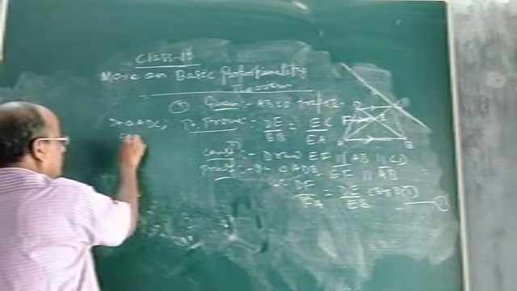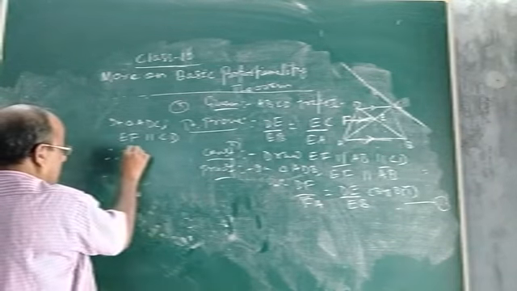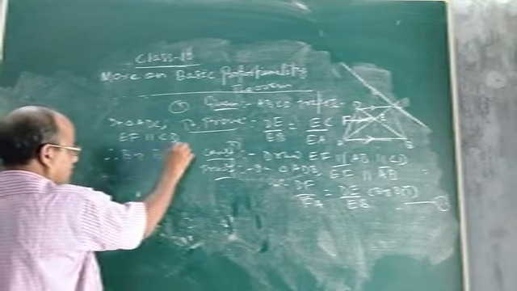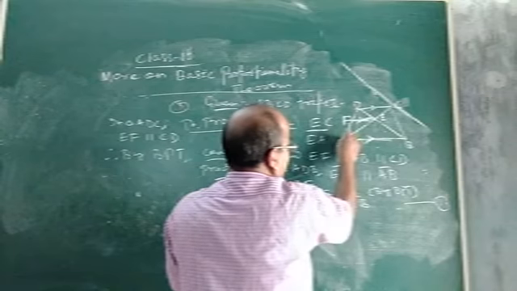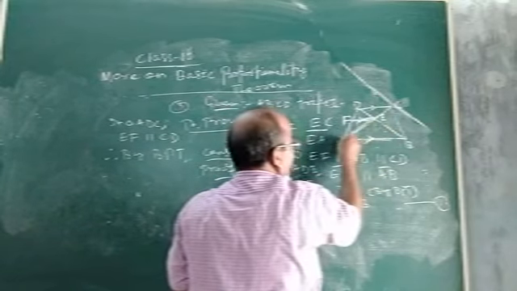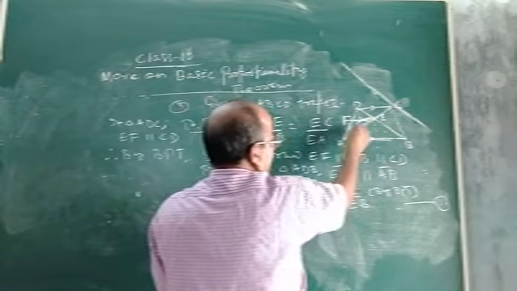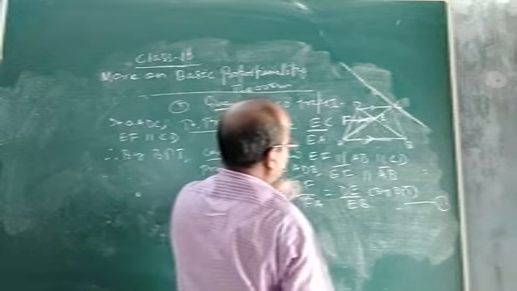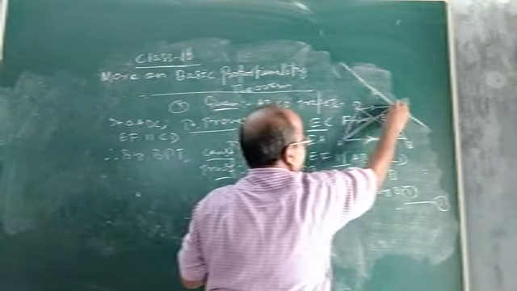So EF parallel to CD, then by BPT what will be the conclusion? If EF is parallel to CD in triangle ACD, then what will happen? Your DF by what? You are considering this triangle ACD.